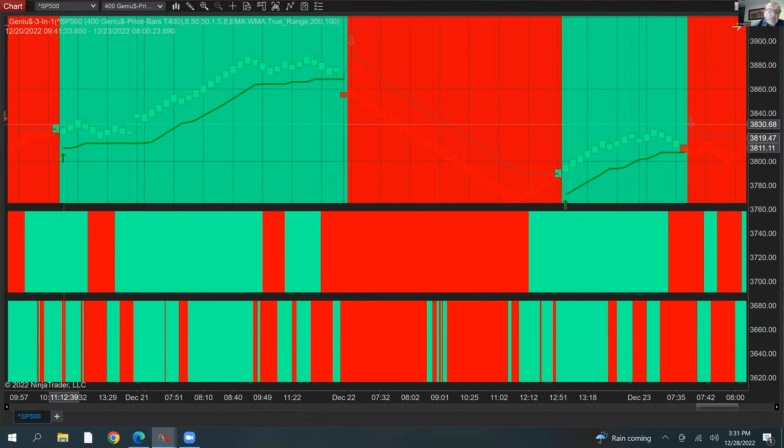So the master trend is changing to green, the intermediate trend is green, but the fast trend is red exactly at that point. As soon as the fast trend changes to green, that is your entry point. And you stay in that trend until any color changes to red.